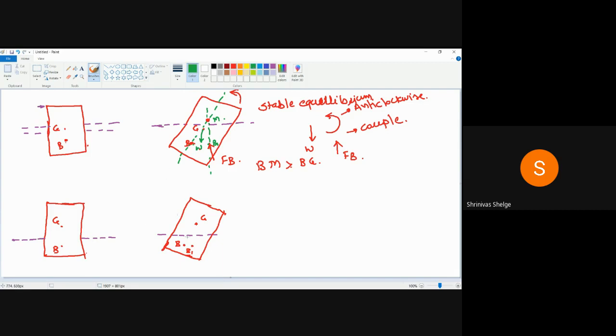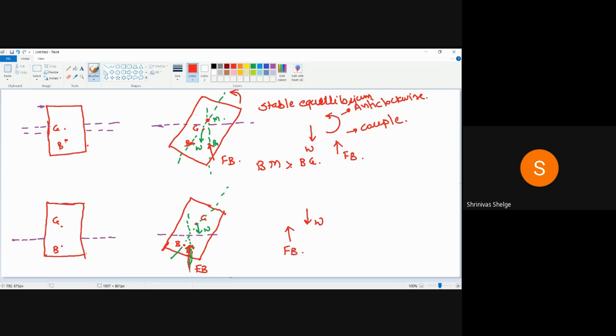So obviously, what happened here, you will find this axis line, and the vertical line which is passing through this one is like this, correct? So here weight is acting, and here the buoyancy force FB is acting.